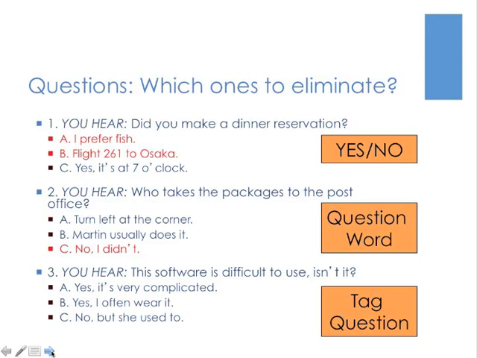Finally, in number 3, notice that all 3 of the choices involve yes or no. But the key is to play on the idea of the tag. So first off, we can see right away that since the tag involves is and it, we can easily eliminate C because C does not involve any of those in the tag.